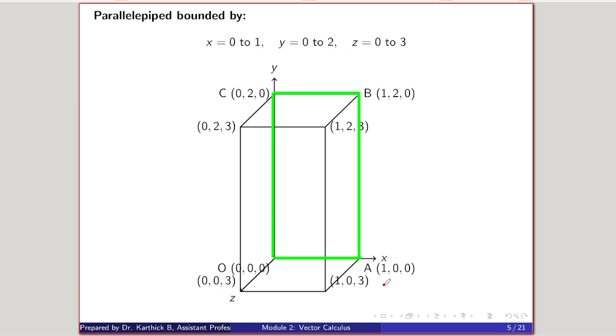The O, A, B, C will be an open surface. So x will be from 0 to 1. We have to take the points x equal to 0, x equal to 1, y equal to 0, y equal to 2, z equal to 0, z equal to 3. With these points, we have plotted a parallelepiped graph.